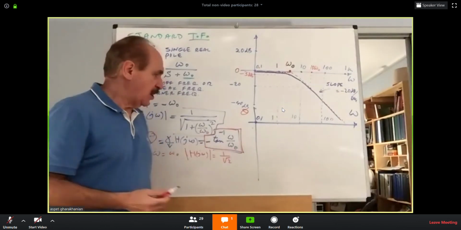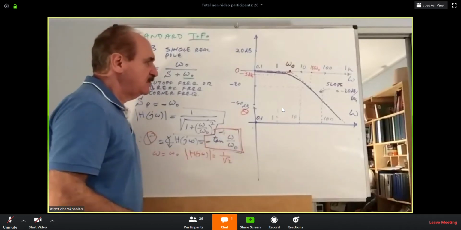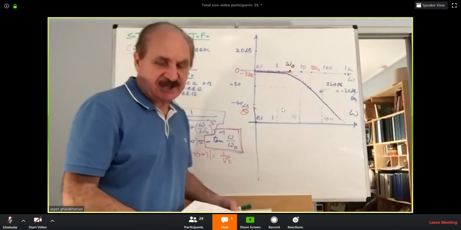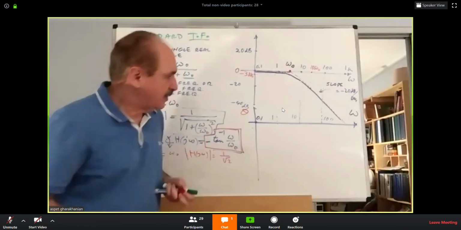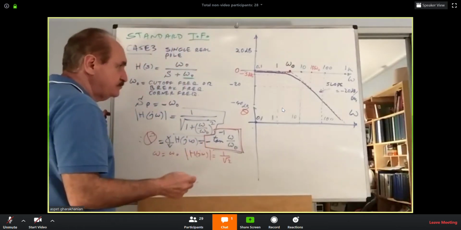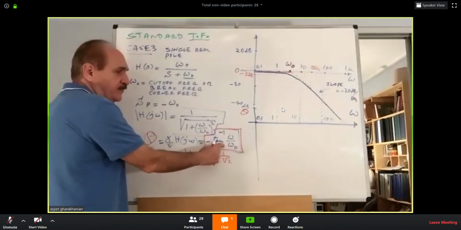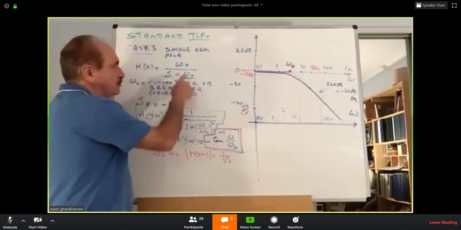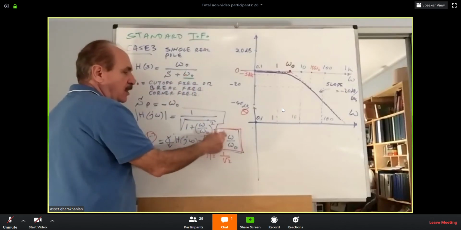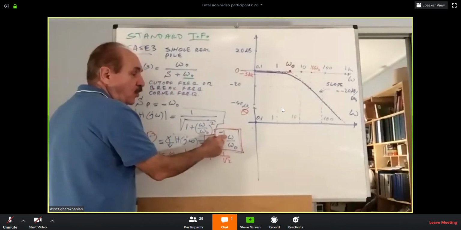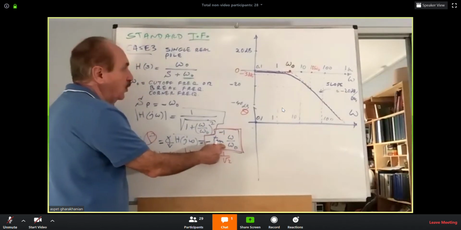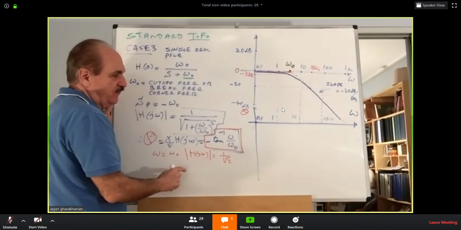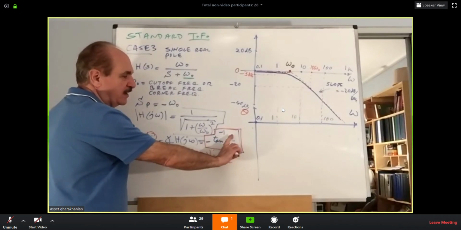How can we plot inverse tan function utilizing straight line approximation? So this is the technique. Number one, omega O is your breakpoint, which is known, comes with the pole. At omega equal to omega O, that is when the applied frequency is matching the cutoff frequency, this ratio will be 1.